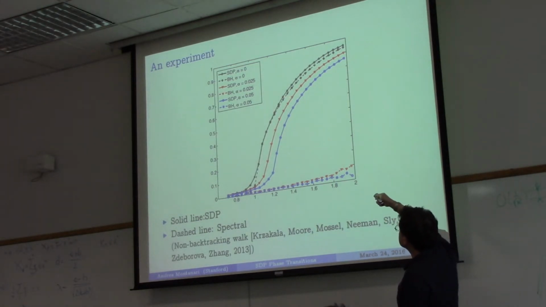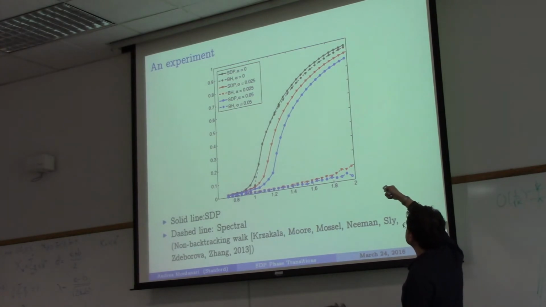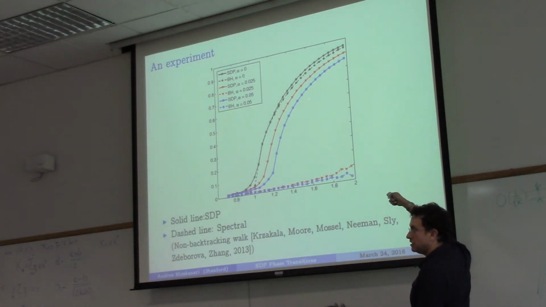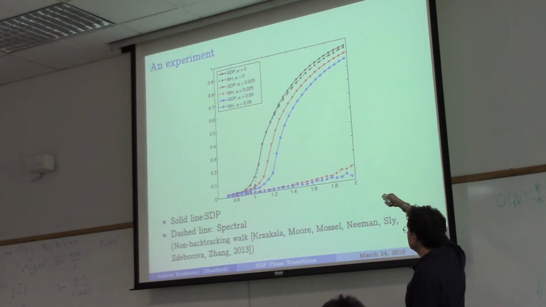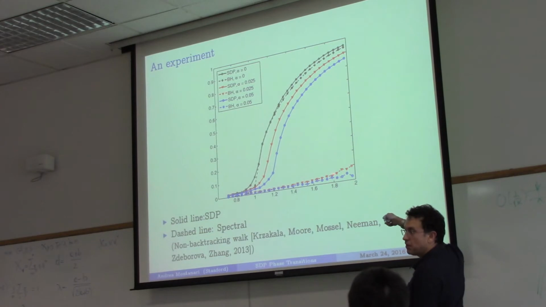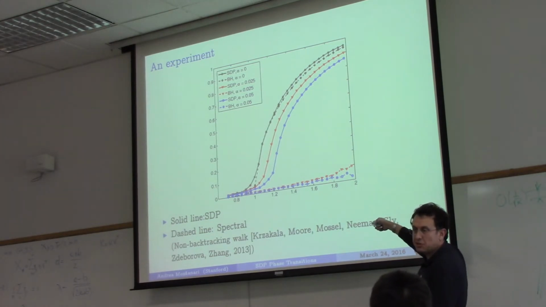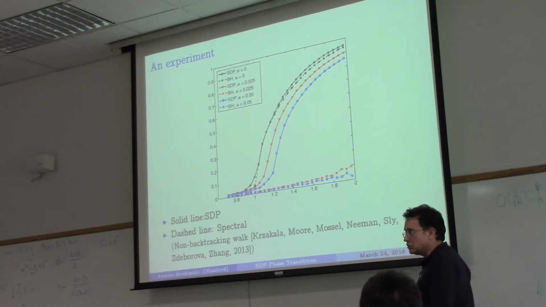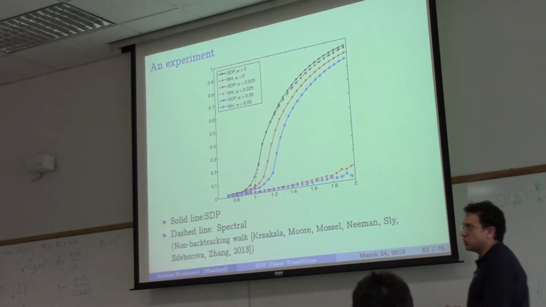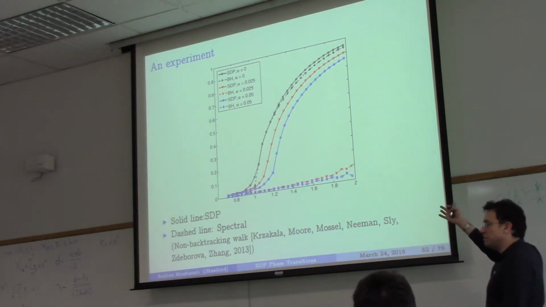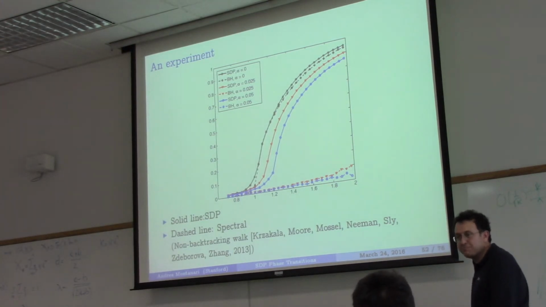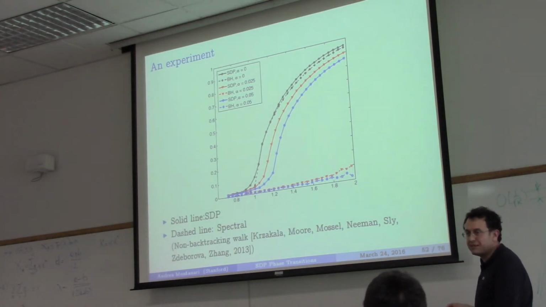And what happens to the SDP is not much, right? It goes from this continuous black curve to this red continuous curve. So it deteriorates a bit, but not much. But if you look at the spectral method, it jumps down. And of course, if you increase it further, the spectral method is fragile. This is not completely surprising. I constructed the perturbation because I understood how the spectral method works and I wanted to break it.